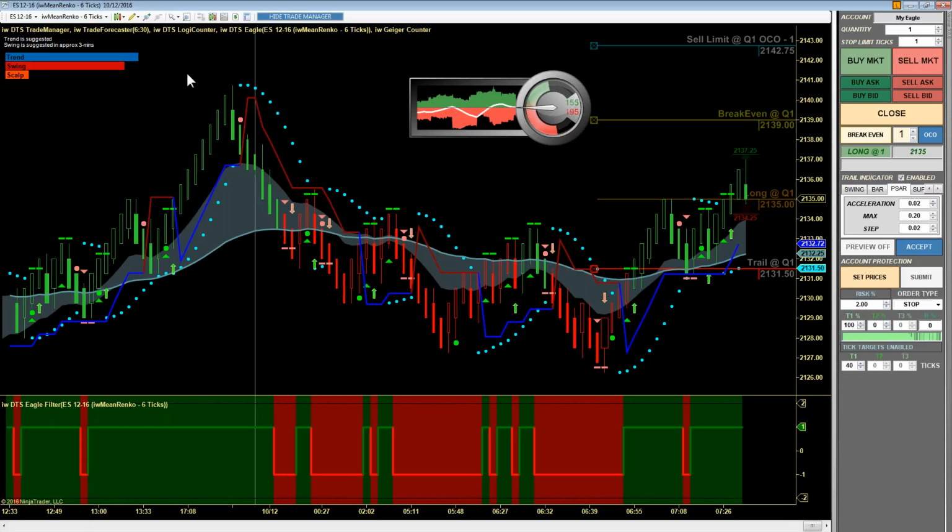We're starting to see some rejection again as we get a little bit closer to the overnight highs. Come on, here we'll give it a little push with the mouse.